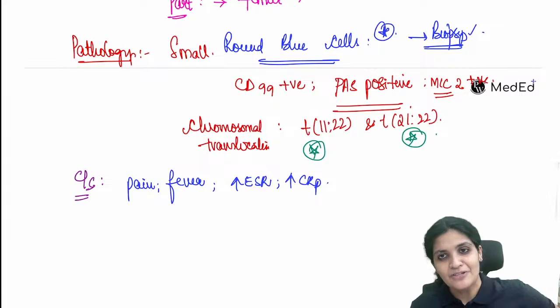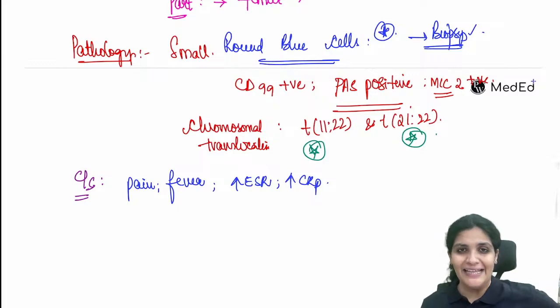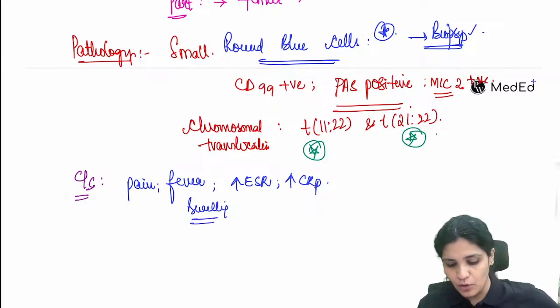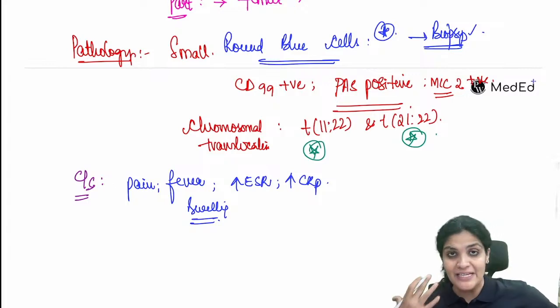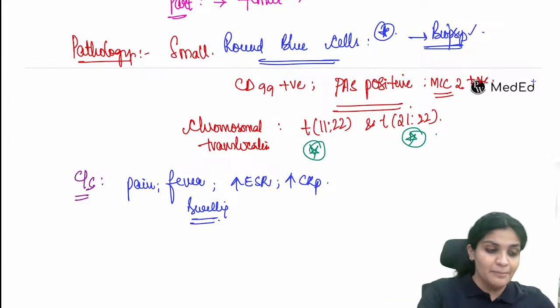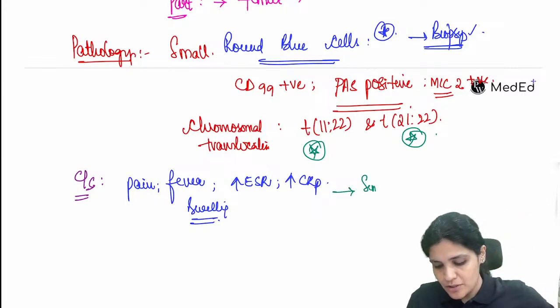Do you think it is a natural presentation of a tumor? Tumors usually don't present with fever. They present with pain and swelling. But here you will have pain, fever, and when you go for blood tests, you will have raised ESR and raised CRP. Very, very peculiar, because it is similar to osteomyelitis.